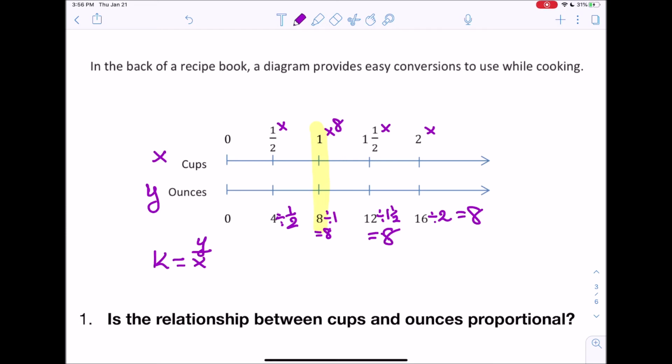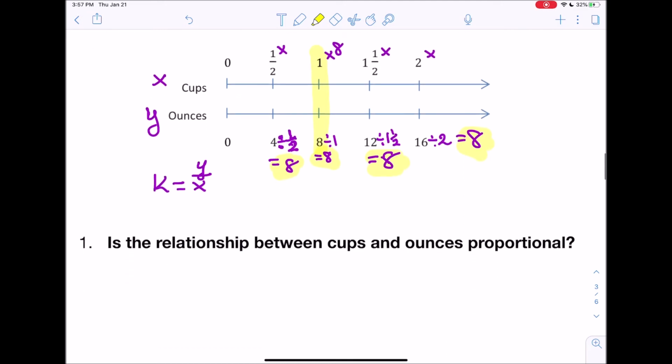So 4 divided by a half is 8. My messy handwriting. Okay, and then 0 divided by 0 is 0, so that works too. Now we look: did we get the same answer when we divided the y's by the x's? And sure enough, we did. We got 8 each and every time. So, yeah, it works. Okay?